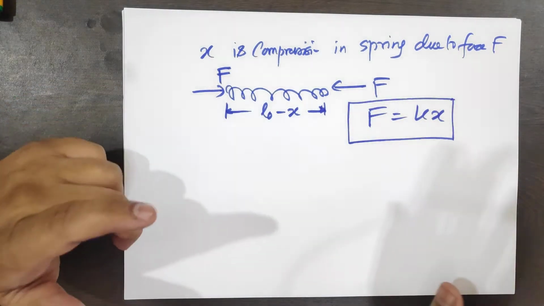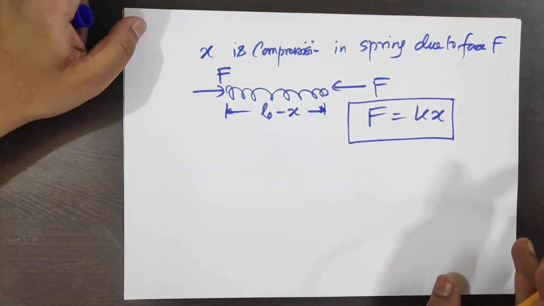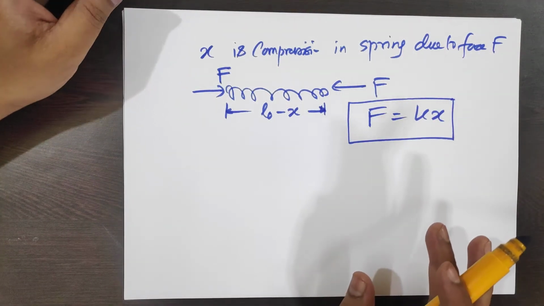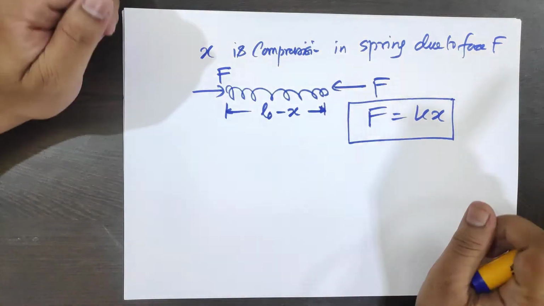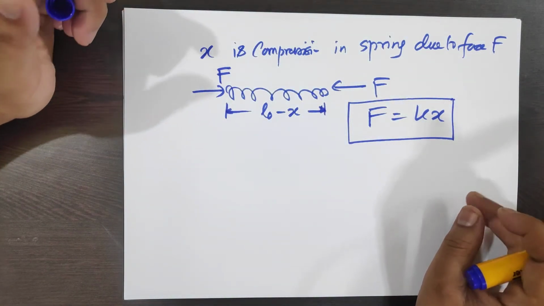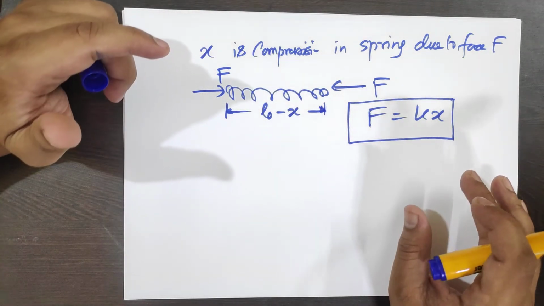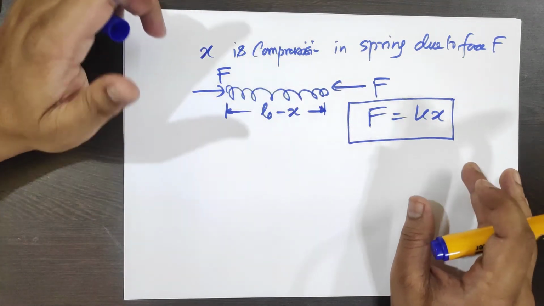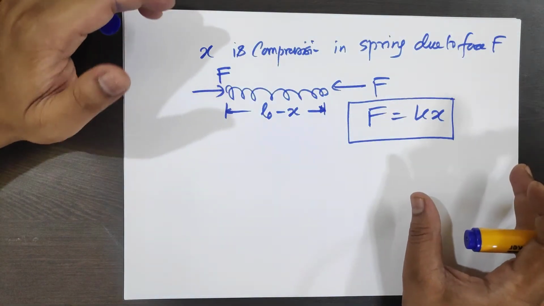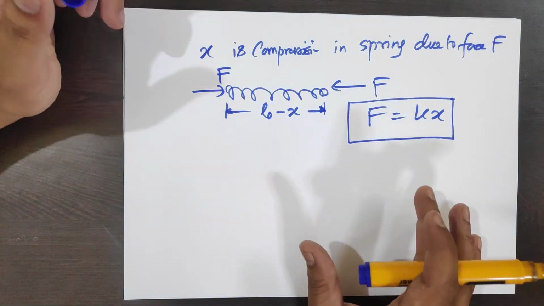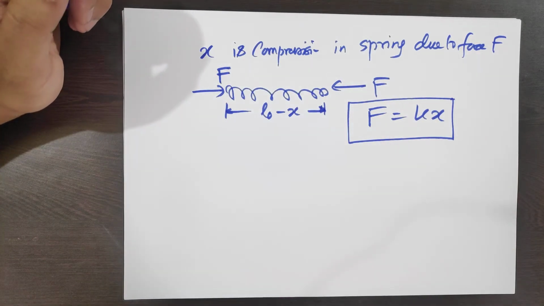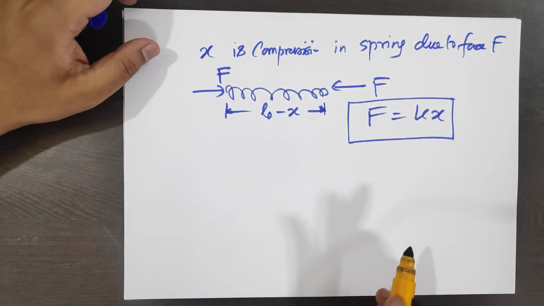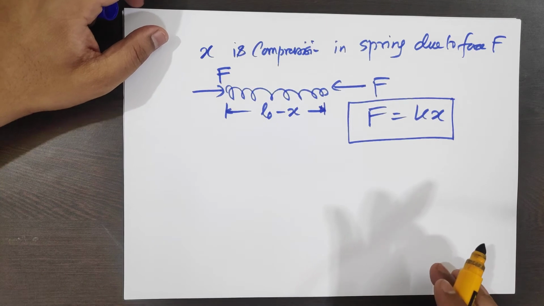That means the spring doesn't want its length to be changed. The spring wants to be in its natural length, so it will oppose. Whatever happens, if you want to stretch the spring, it will oppose you from stretching it. If you want to compress the spring, it will again oppose you from compressing it. So the spring wants to be in its natural length.